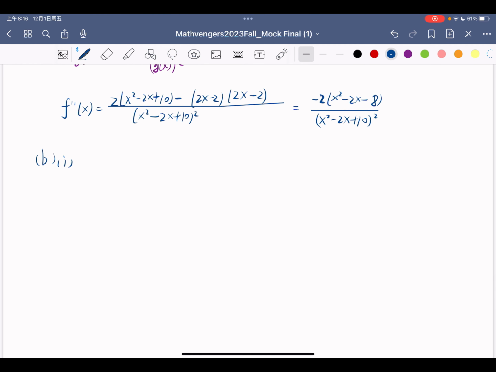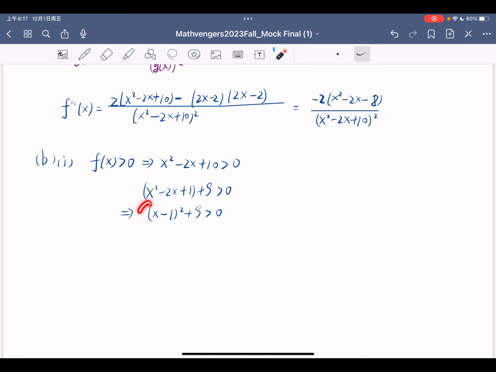For the first part, we need to let f(x) be greater than 0. So we have x squared minus 2x plus 10 greater than 0. If you notice, we can write x squared minus 2x plus 1 plus 9, because you will get (x minus 1) squared plus 9.